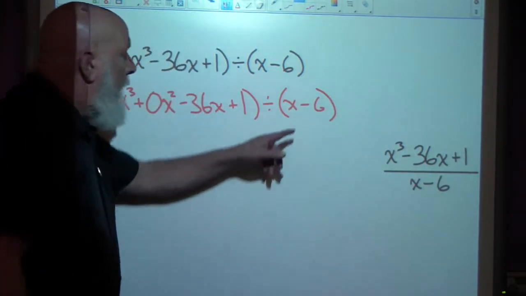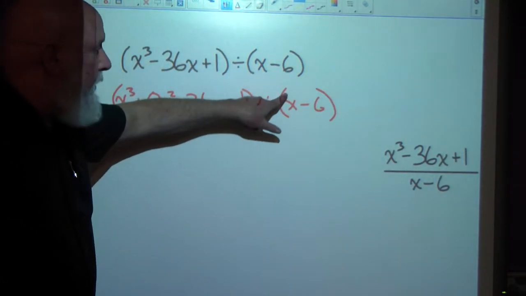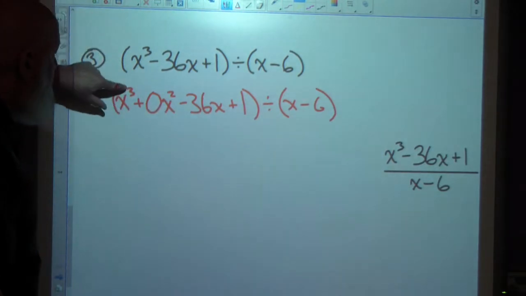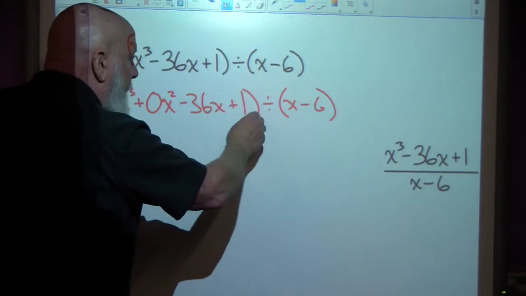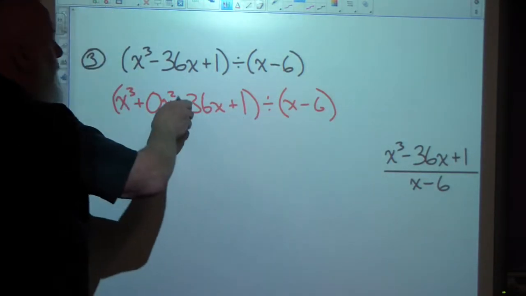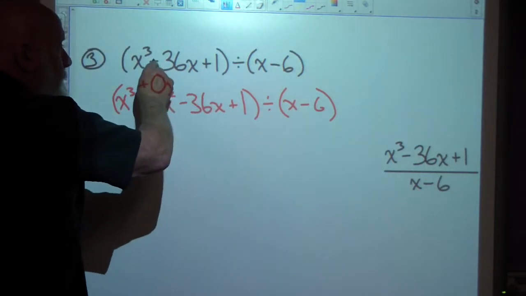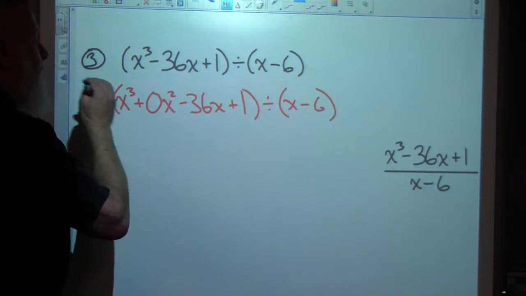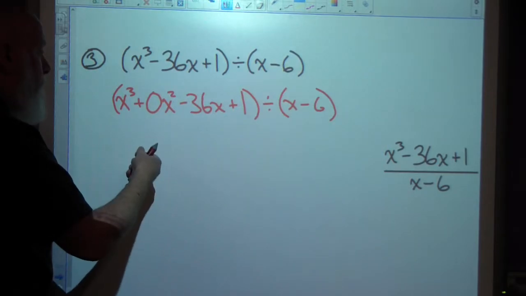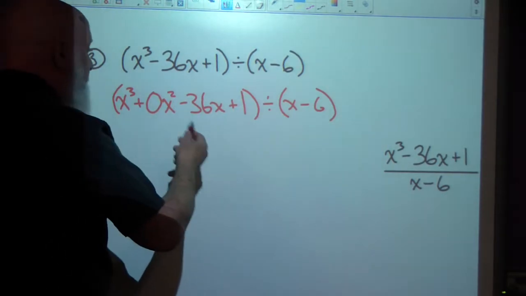Now, I've got everything I need to be able to use synthetic division. This has to be a 1, and I have to show all of my powers. This is 3, 2, there's an implied 1 right here, and x to the 0. So I'm not missing any powers like I was here. I was missing x to the second, so I filled it in with a 0 coefficient. Now I can see it, and I can use my coefficients in my synthetic division.